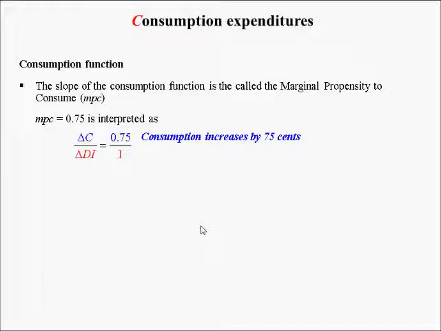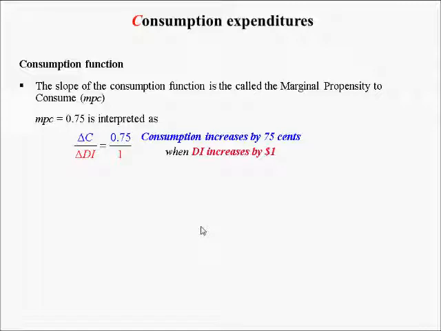And notice the stuff in red and then notice the stuff in blue. Well, the stuff in blue says consumption increases by 75 cents. The stuff in red says disposable income increases by $1. So what does that mean? If government cuts your taxes in a way that gives you an extra dollar of disposable income, what are you going to do with that extra dollar?